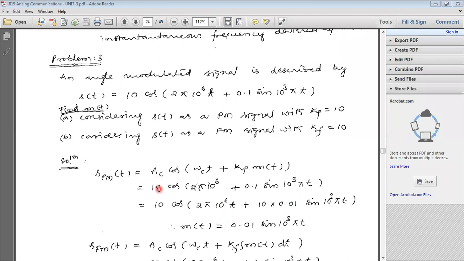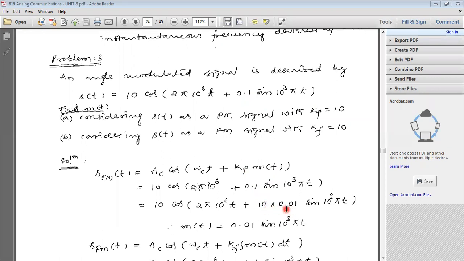Since Ac is 10, cos omega c t, what is the omega c value here? 2 pi into 10 power 6. So omega c t plus, in place of kp, in the signal we have 0.1, but he already mentioned kp as 10, so you split 0.1 as 10 into 0.01. What is 0.01 here? The message signal amplitude.